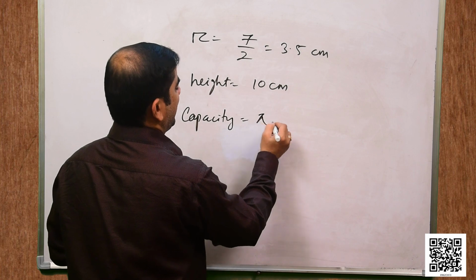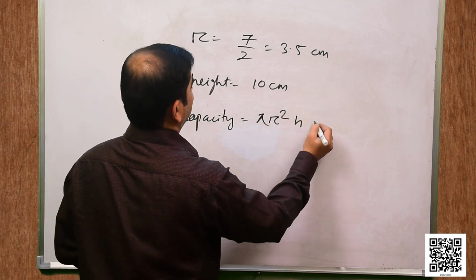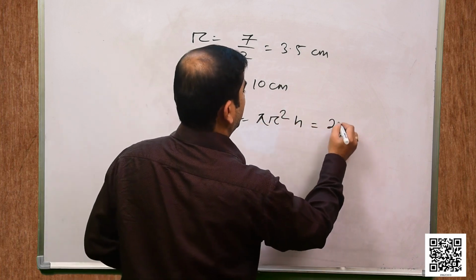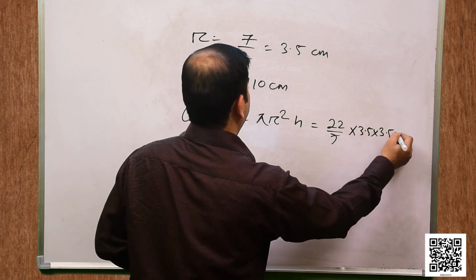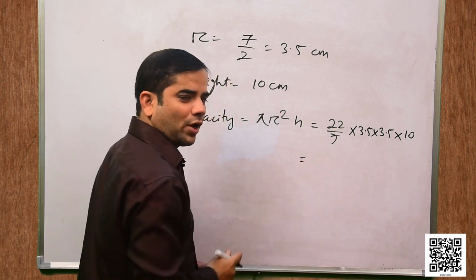Capacity is pi r square h, that is 22 by 7 into 3.5 into 3.5 into 10. Okay.